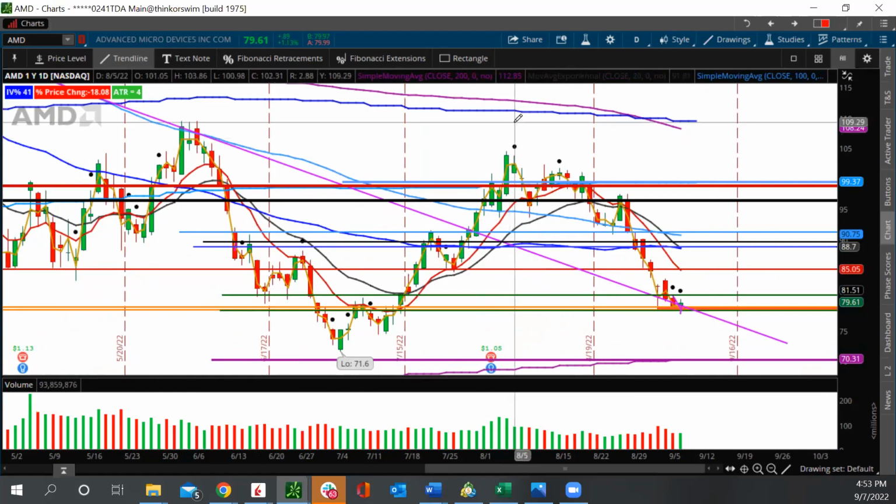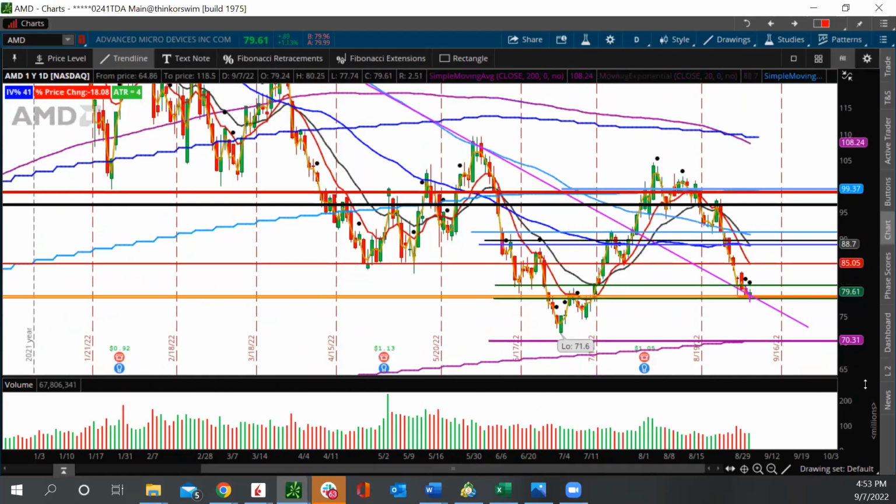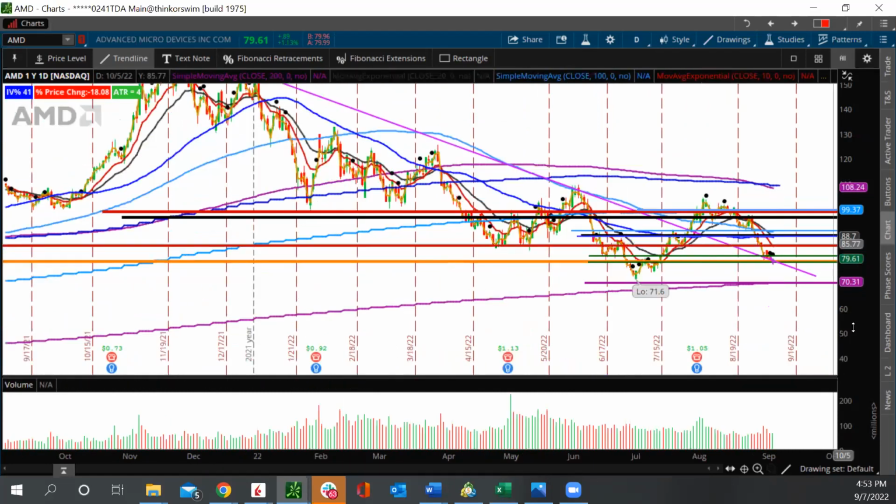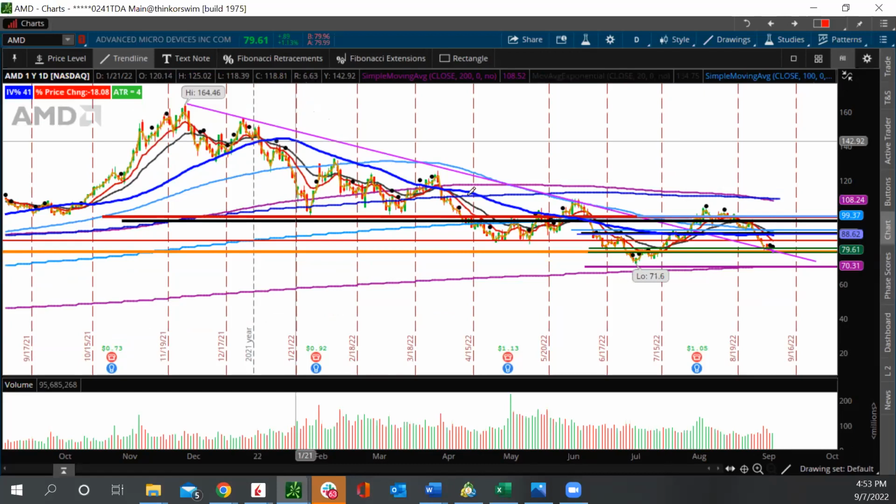So this is a question for everyone to put in the chat here, right? We just established that this trend line all through this downturn here was providing resistance, right? You can see it here, here, here.